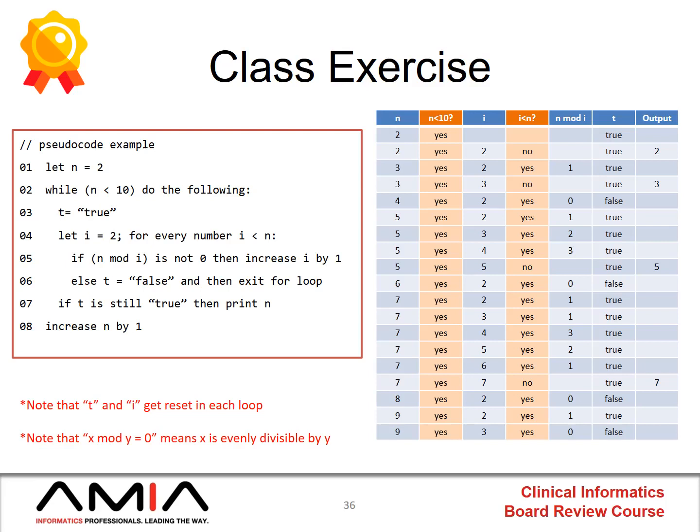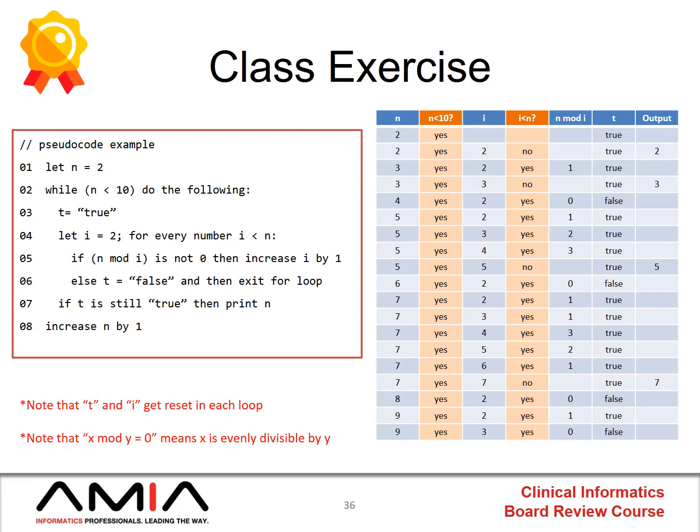So the fact that 6 is divisible by 3 means that 6 is not a prime number. But what I'm checking in lines 4, 5, and 6 is, for every number between 2 and n, if the remainder is not 0, then check the next number.